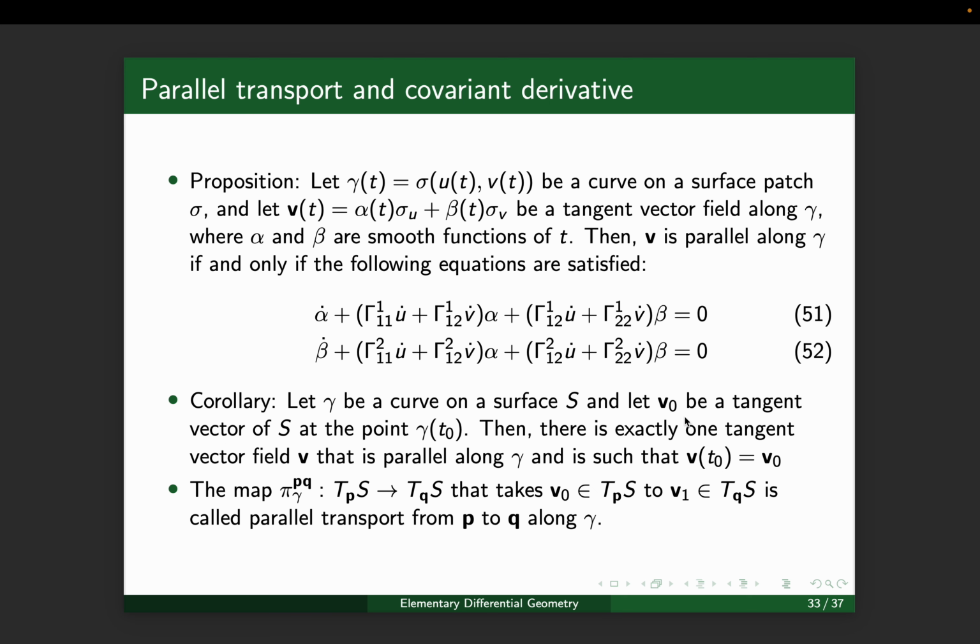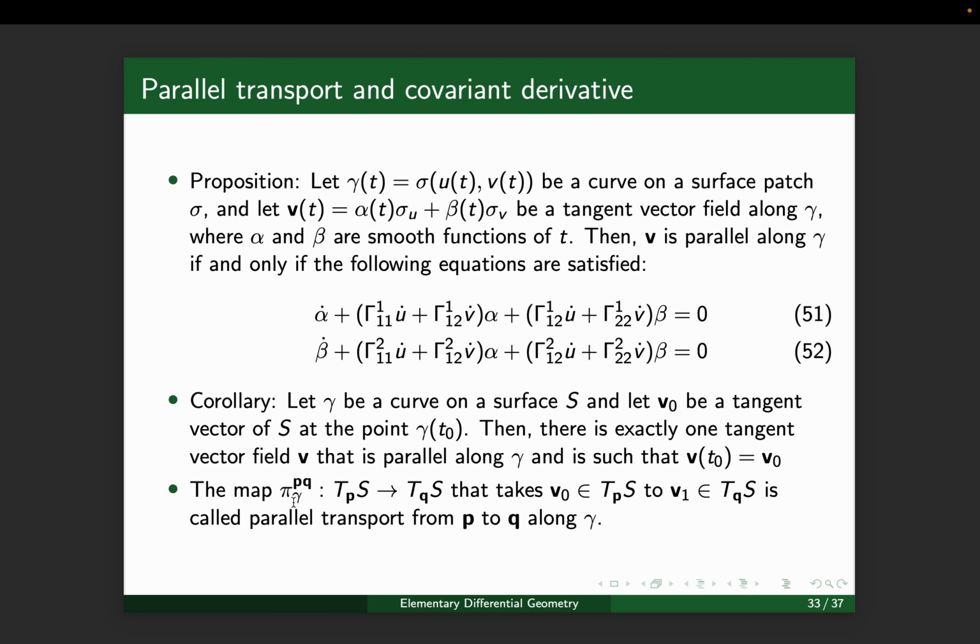What does it mean? That we have a fixed tangent vector. So if gamma is a curve on the surface, and V naught is a tangent vector at the point gamma of t, then we have only one tangent vector which is parallel along the curve gamma.